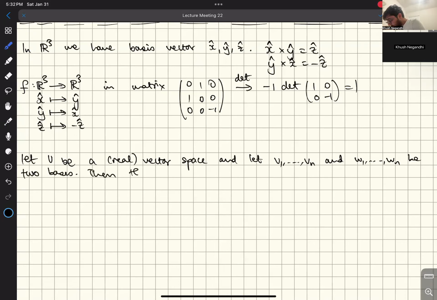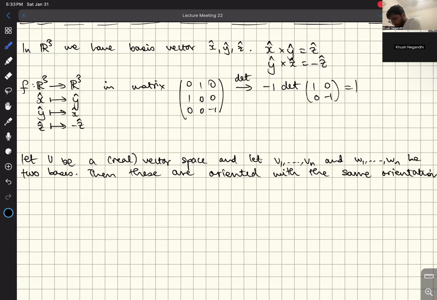Then these are oriented with the same orientation if the linear map F, mapping Vi into Wi, has positive determinant. And similarly, they have opposite orientations if the map has negative determinant.